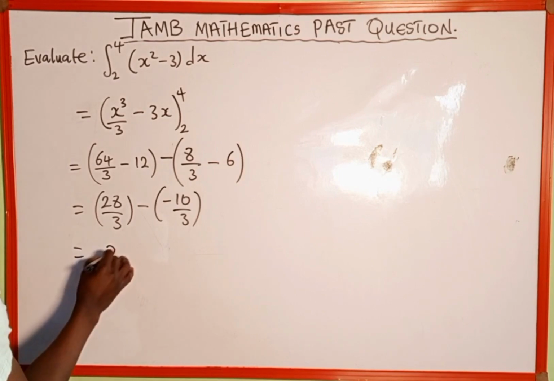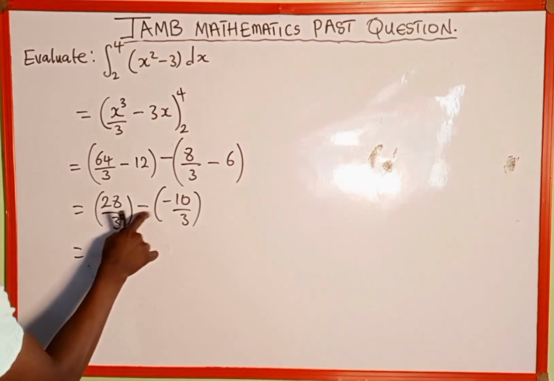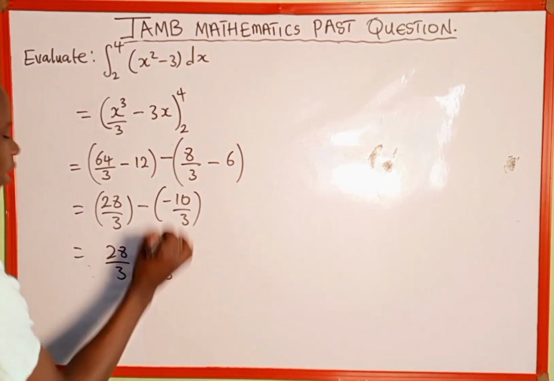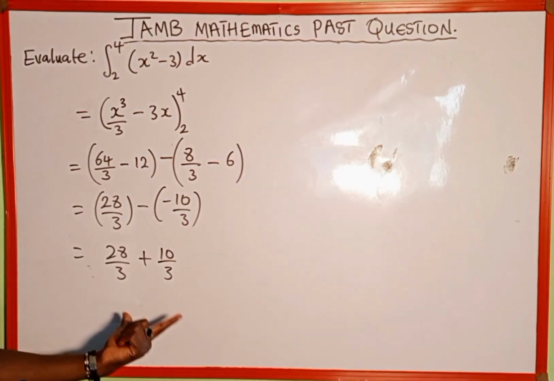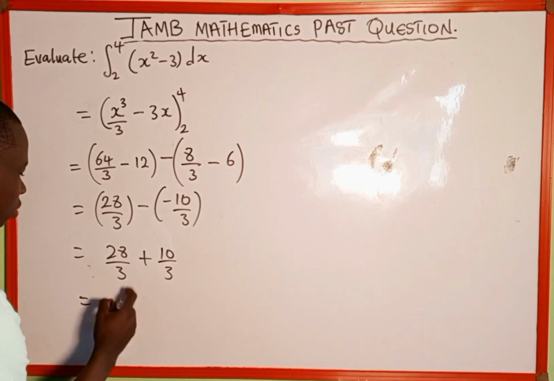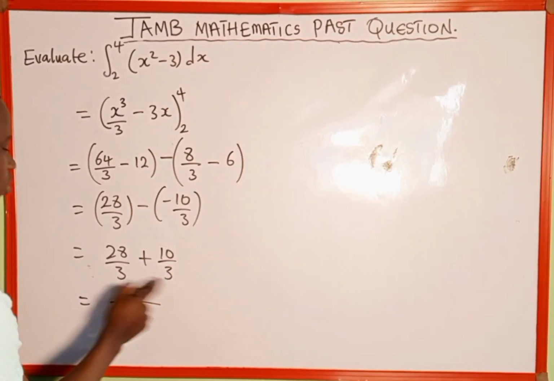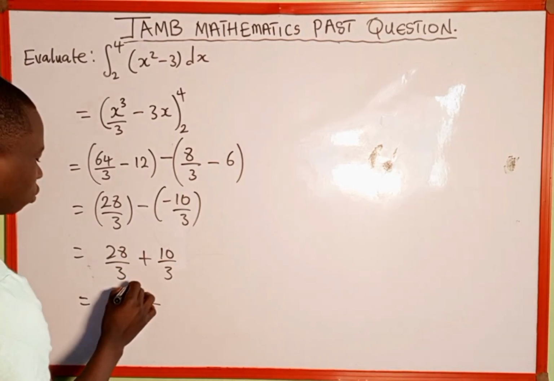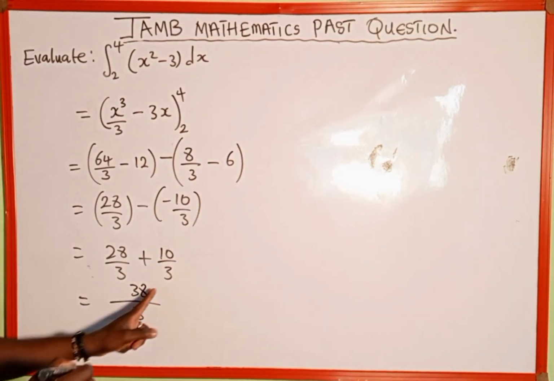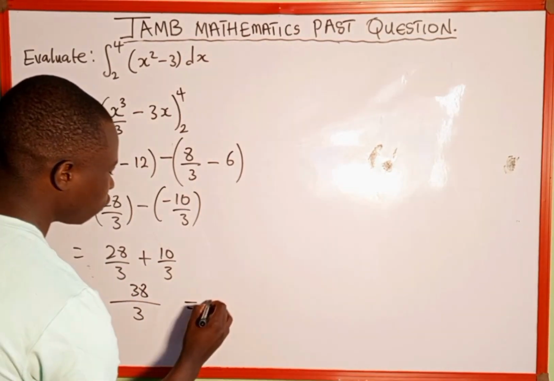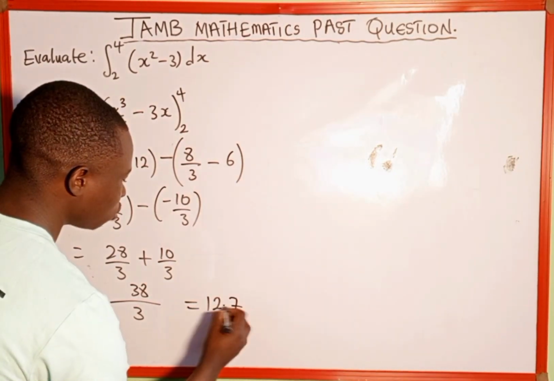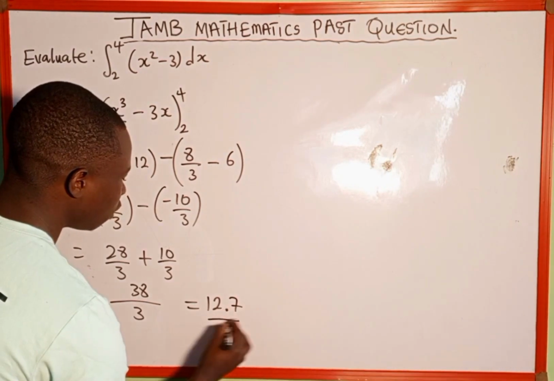So this is going to be 28 over 3, negative times negative is plus, then 10 over 3. The LCM is just 3. Since the denominators are the same, we just add the numerators. 28 plus 10 gives us 38. When you divide 38 by 3, it gives us 12.66, or 12.7 approximately. So this is the evaluation of this.